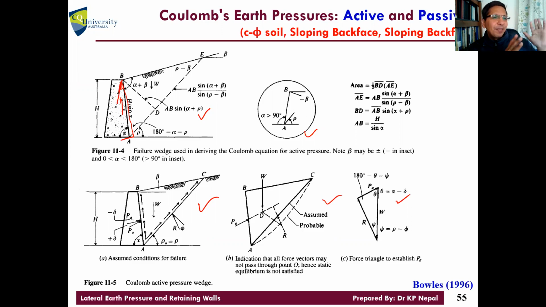Then we covered many cases: if there is a water table, what we do, and different layers of soil, how we draw the pressure diagrams. We learned a few formulas for a sloping backfill, and also for C-phi soil, phi soil, and only C soil.